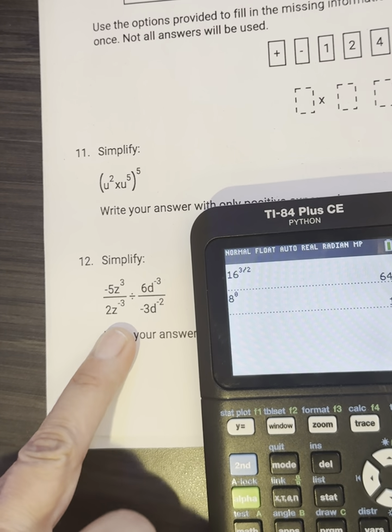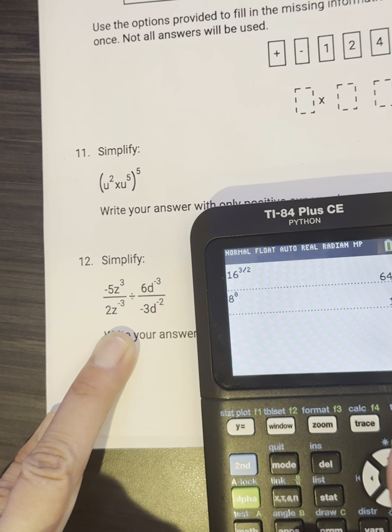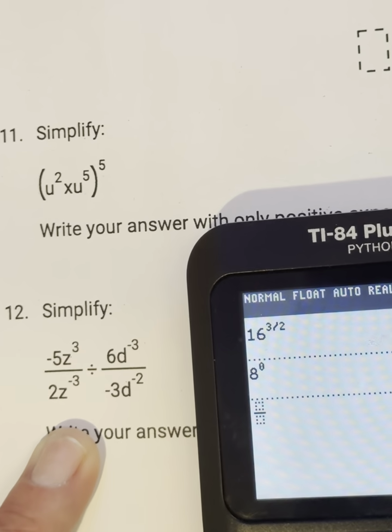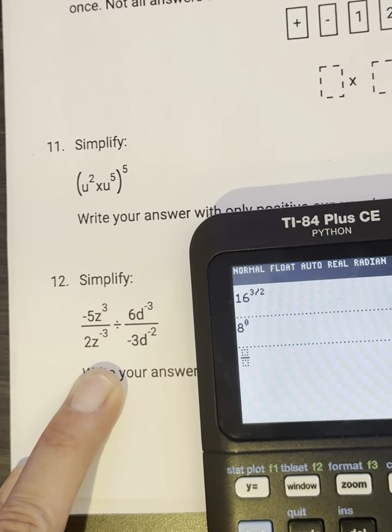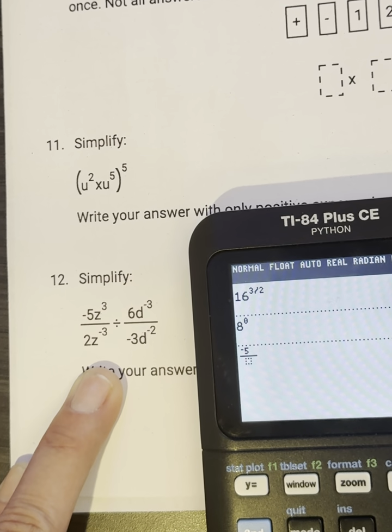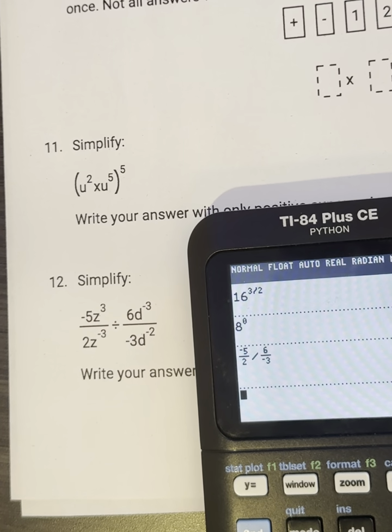So alpha x, get a fraction. And have negative 5 over 2 divided by alpha x, 6 over negative 3. Press enter and it will reduce it for you. And that's what we got earlier.